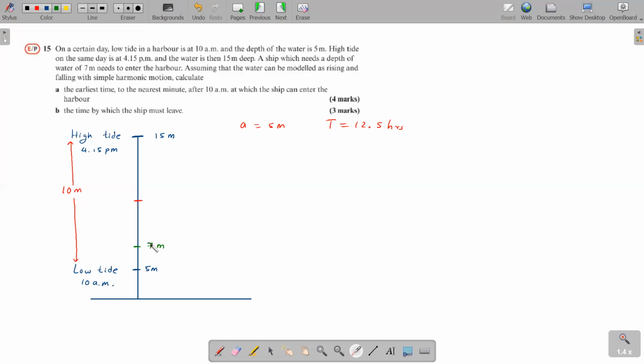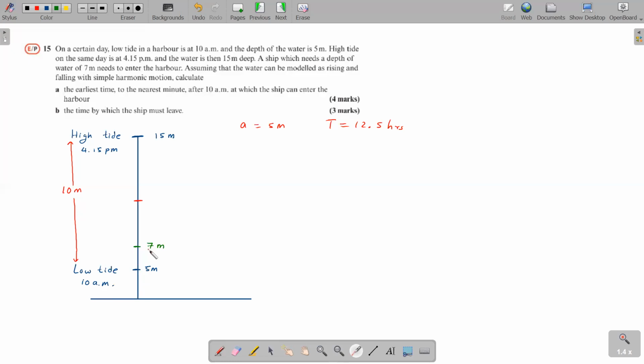Okay, so now in this case, at time 0, you need to realize what we consider time 0. At time 0, is the ship at the center or at the amplitude? At time 0, which we consider as 10 a.m., we are at the amplitude, the low tide mark. So then the water level needs to rise 2 meters.